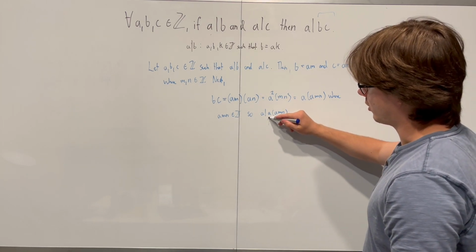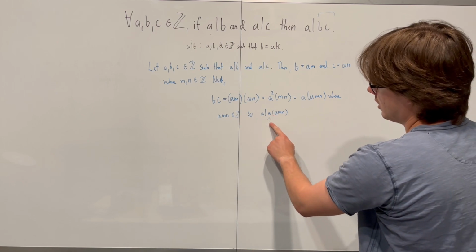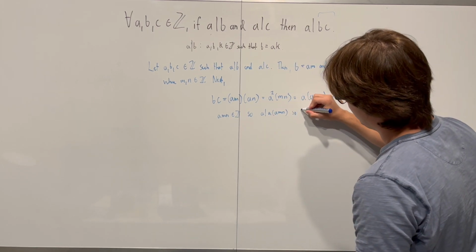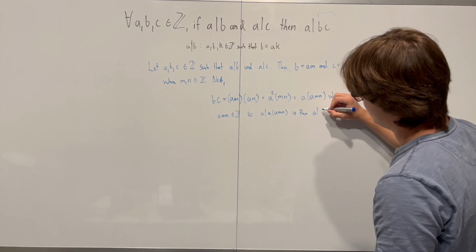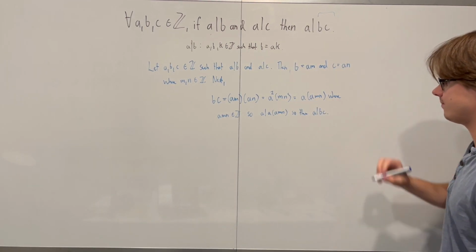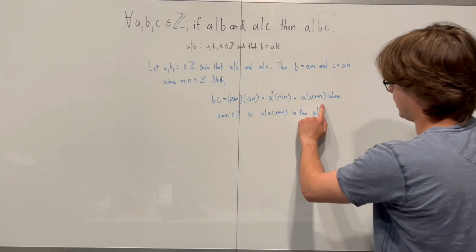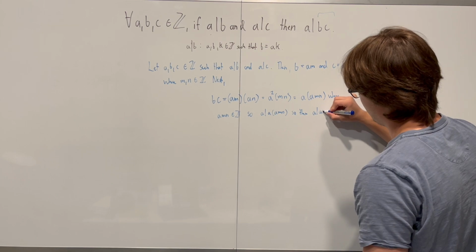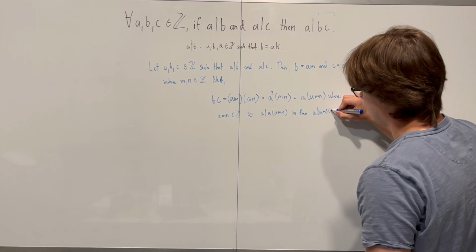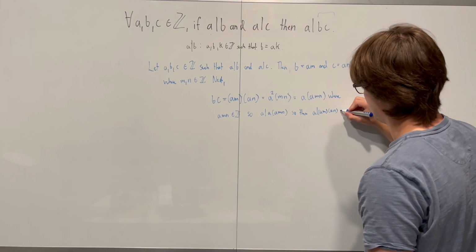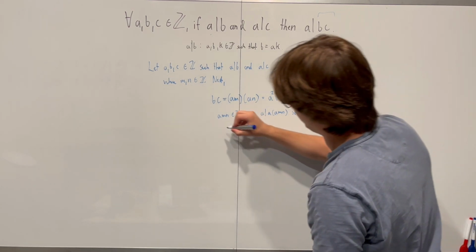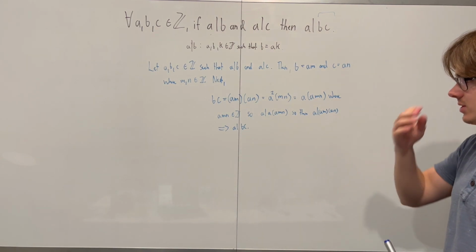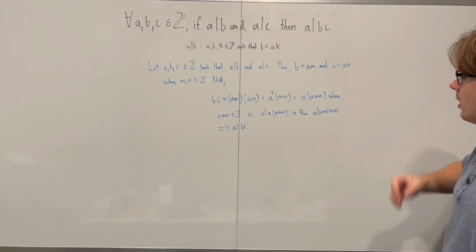So we're just going to stick with our well-known assumption that you can always go from this to this: a divides b times c. Or maybe we can say a divides am and then an, and then we can write an arrow: a divides bc. Okay, this is super duper explicit.